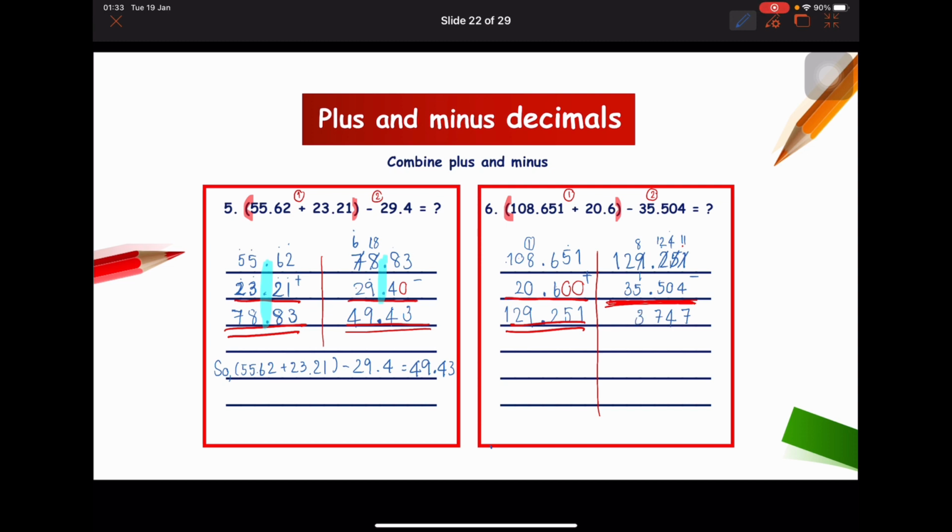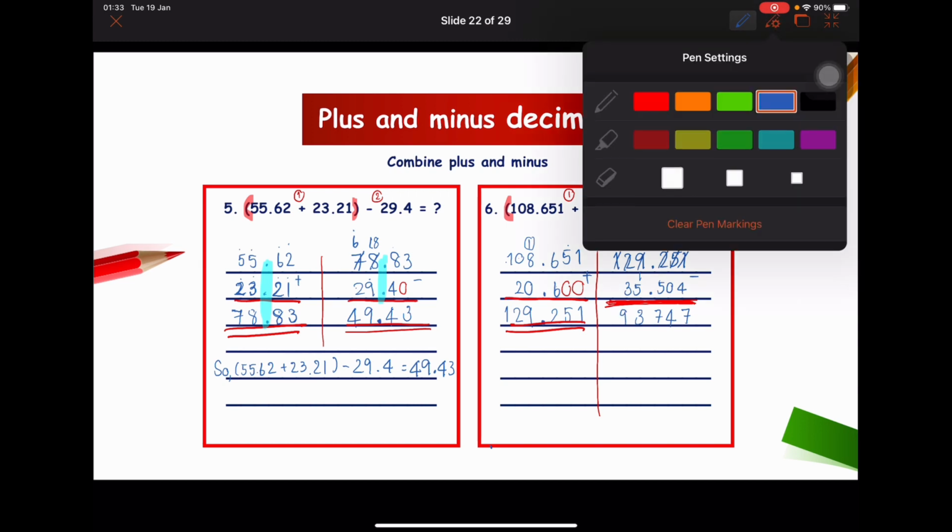And how about this one? 2. Can 2 minus 3? No. Change 2 to be 12. And this one is 0. 12 minus 3 equal to 9. Good job.